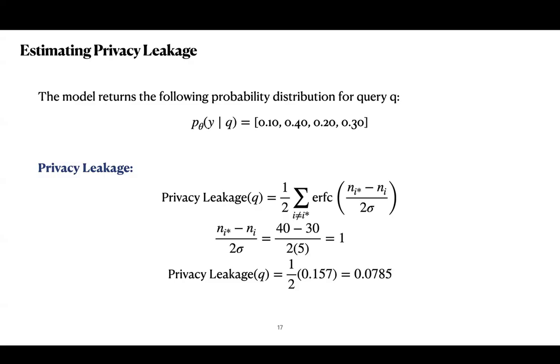Just a question. The larger the difference between the highest and the second highest class, is the leakage larger or smaller? Basically, the larger the difference between the vote counts, the smaller the leakage. If you think about PATE, changing one feature wouldn't change the prediction of the ensemble, so you have a high difference between the top class and the second class.